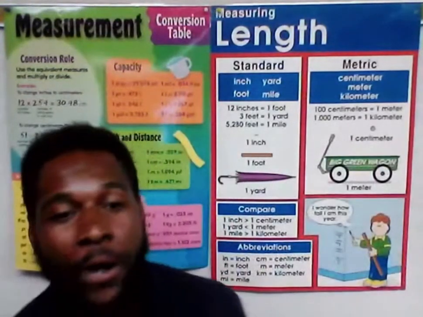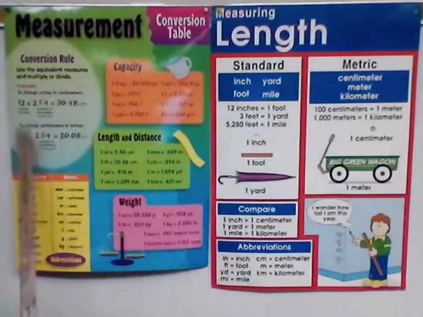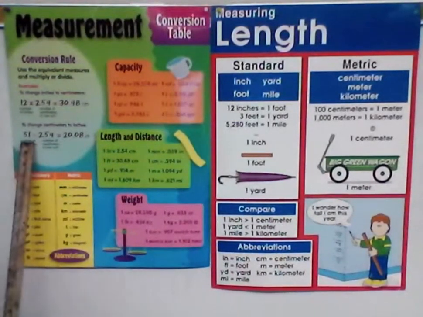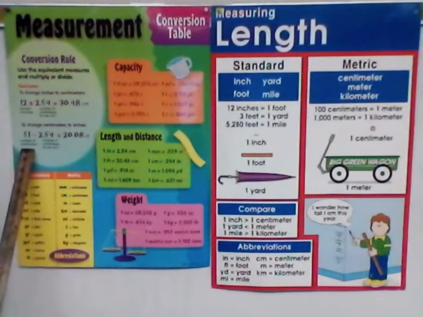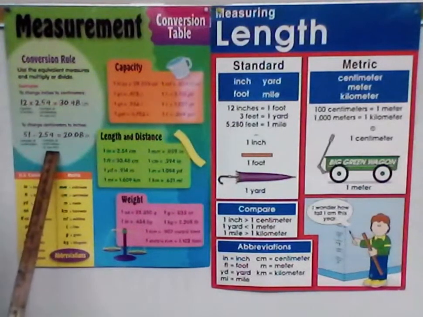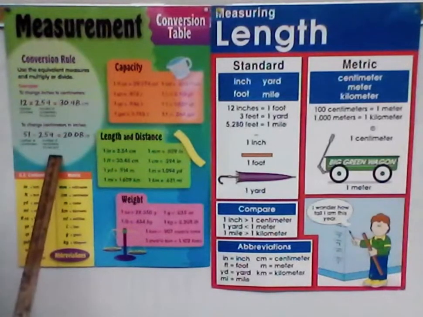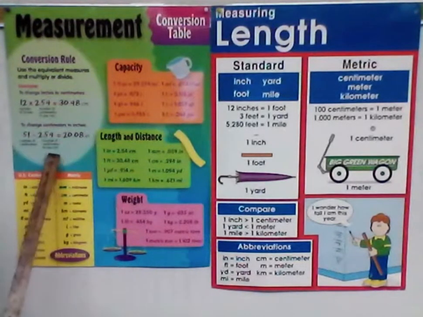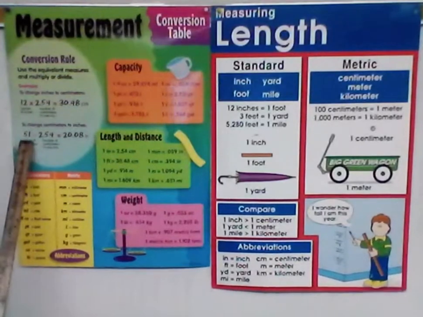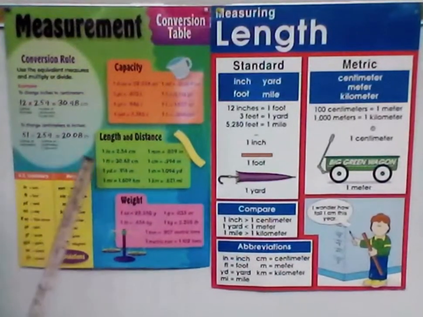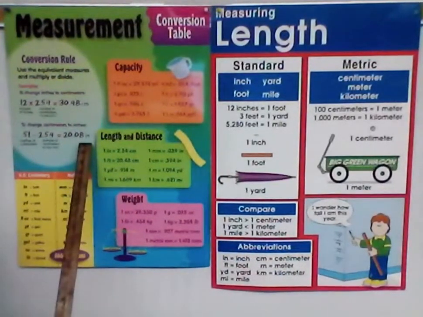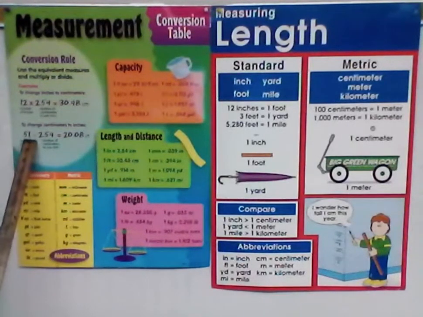But wait, there's more. We also have a way to go backwards. So if I have 51 centimeters, then that's my unit. Then I have my unit rate, which has centimeters and inches. Now I cancel out centimeters, and I should be left with inches. But we're now using division.